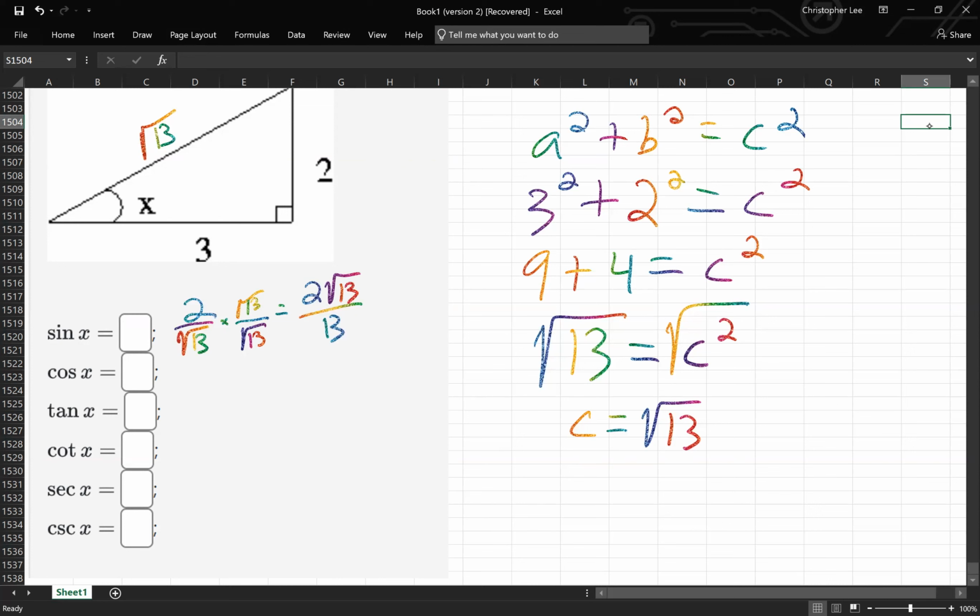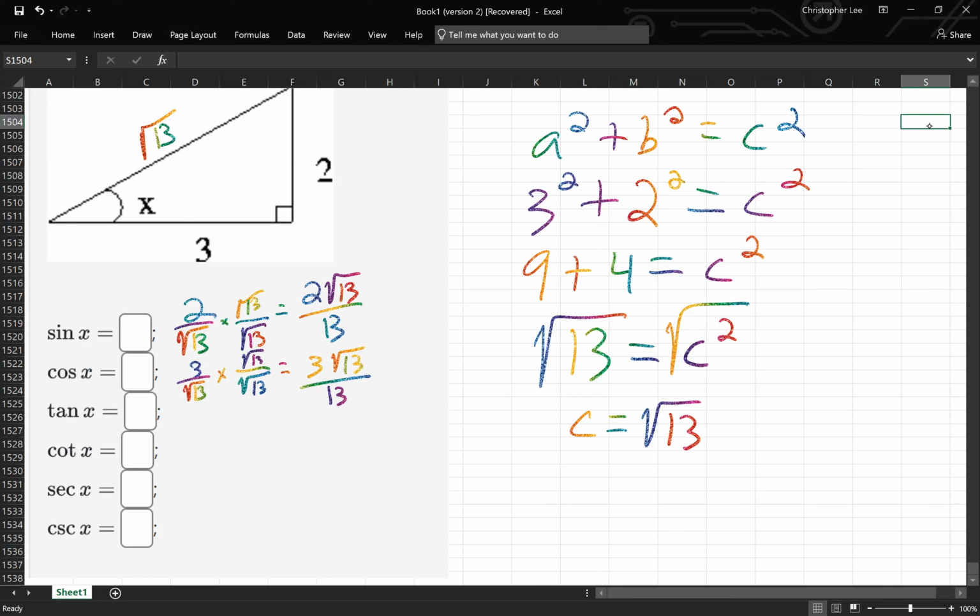What about cosine? Three over the square root of 13, very good. But as you know, gotta multiply by the same thing to get rid of the radical in the denominator, square root 13. So this becomes 3 square root 13 over 13.